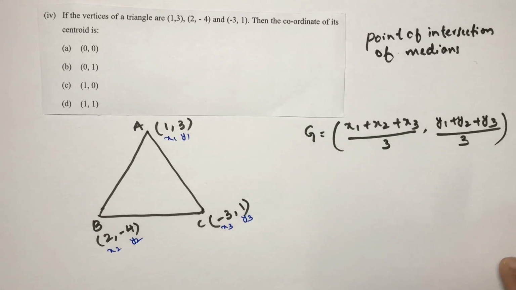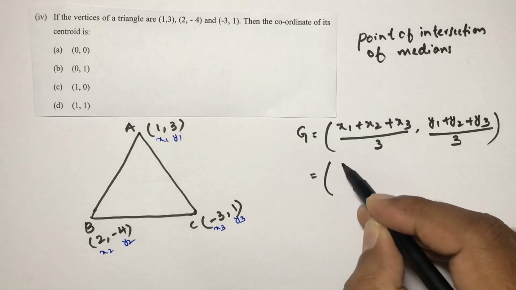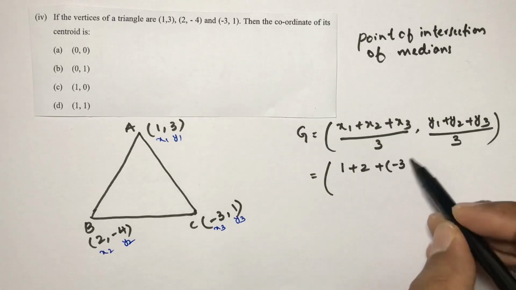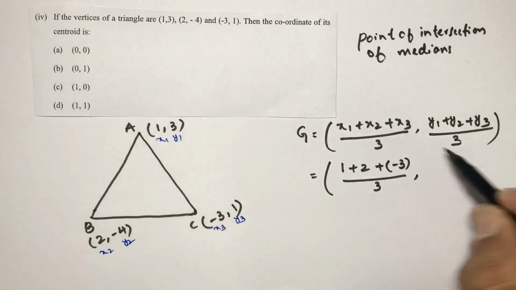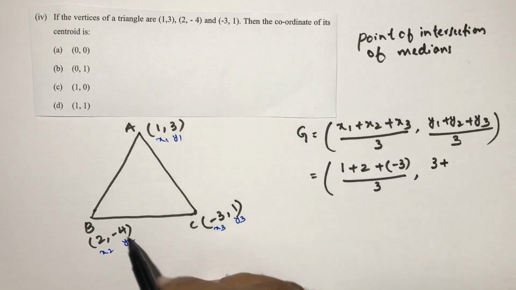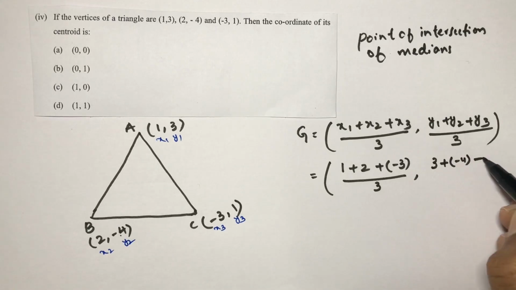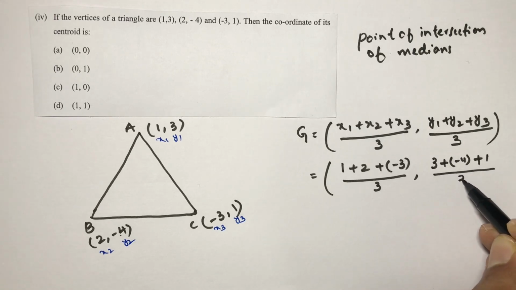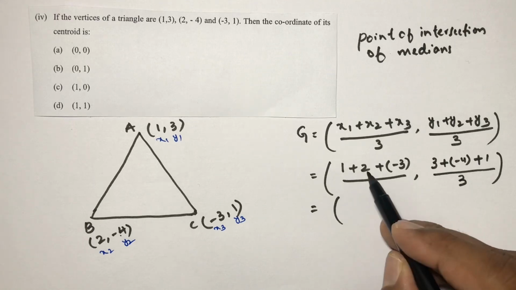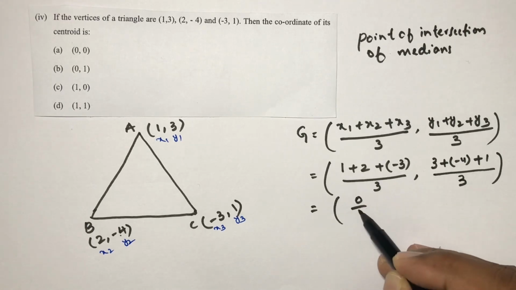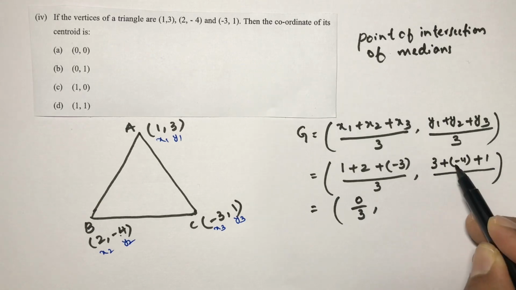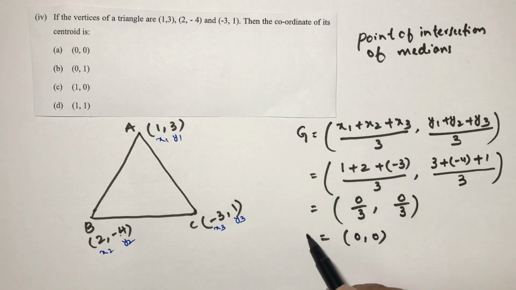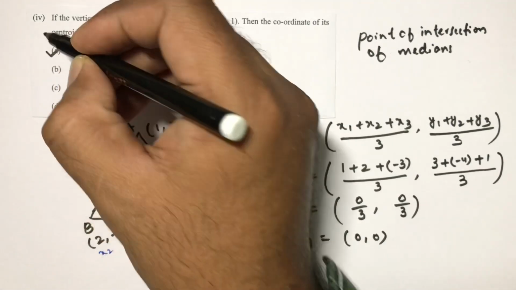Now if we substitute in the formula, x: 1 plus 2 plus minus 3 by 3. y: 3 plus minus 4 plus 1 by 3. So 1 plus 2 is 3, 3 minus 3 is 0, by 3. 3 plus 1 is 4, 4 minus 4 is also 0, by 3. So the centroid is (0, 0). So the correct option is A.